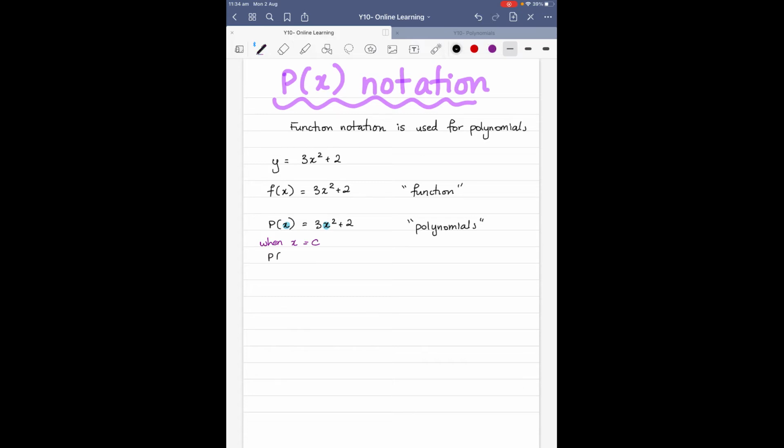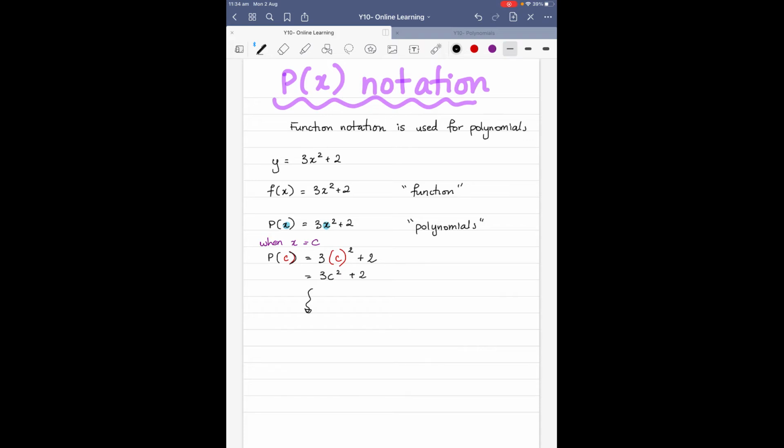So let's write P, we're going to change it to c, equals 3x squared plus 2. Whenever you see x, you're going to change it into a c, but remember to put brackets around it. So let's rewrite it. We know that is 3c squared plus 2, and that's basically it.